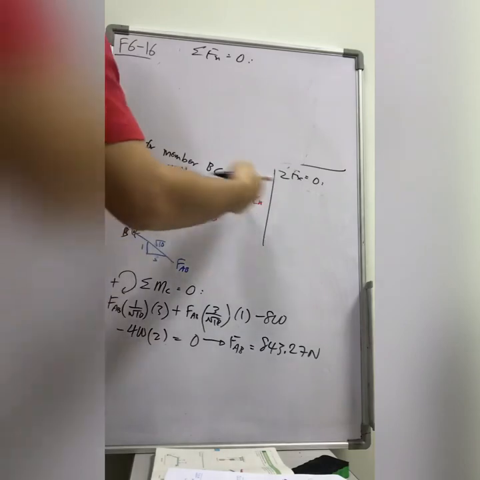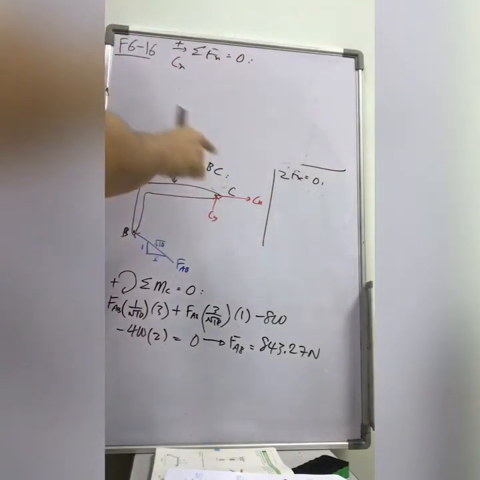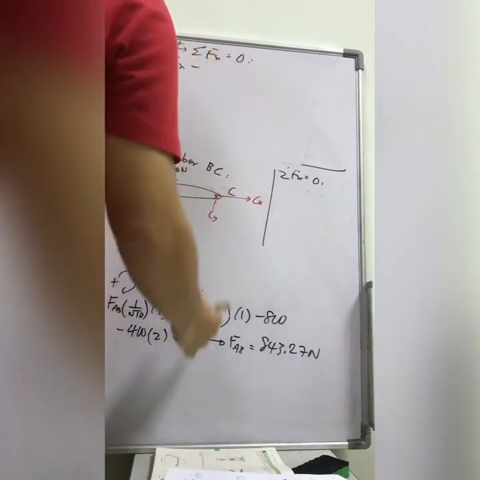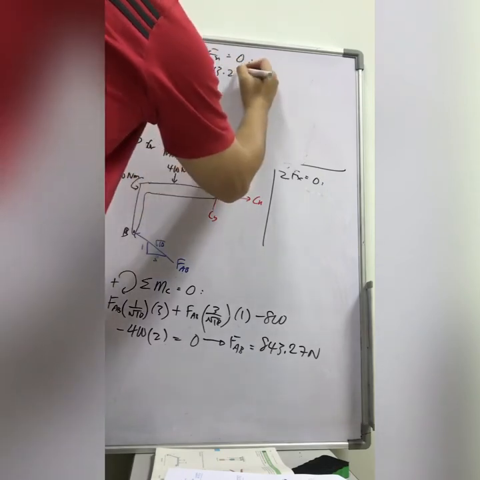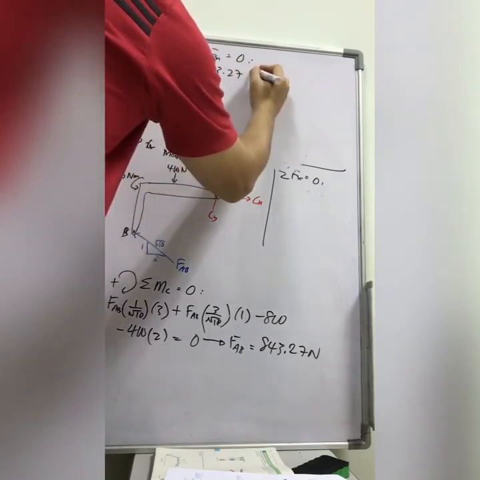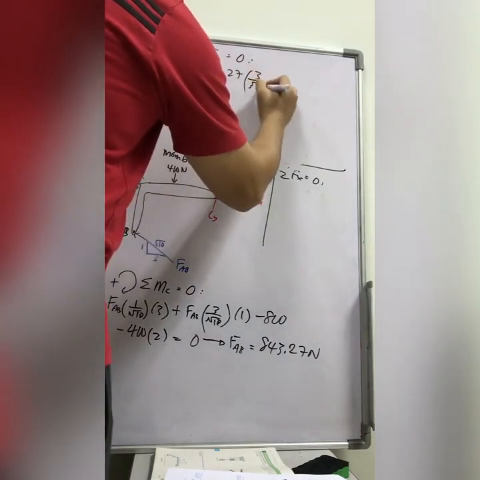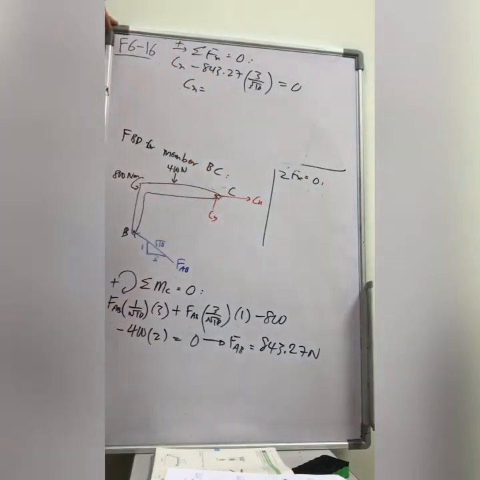You have the Cx, positive Cx, let's assume to the right as positive, and minus FAB, which is 843.27, the horizontal component of it is 3 over root 10, equals 0. So your Cx is 800.